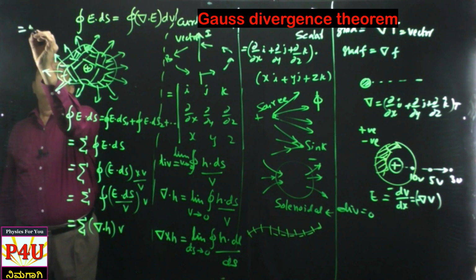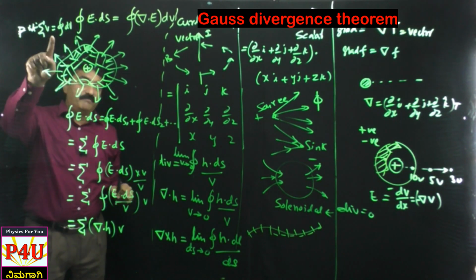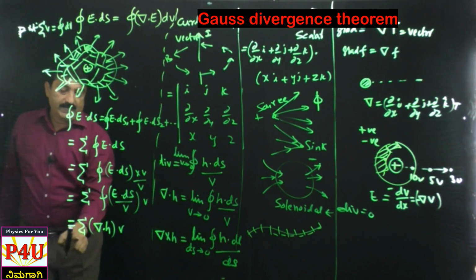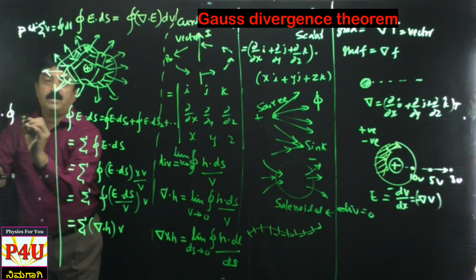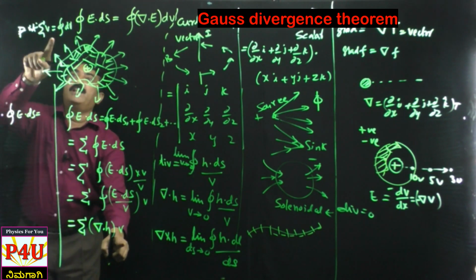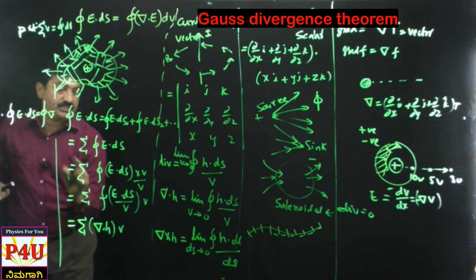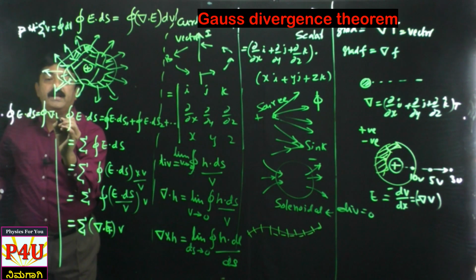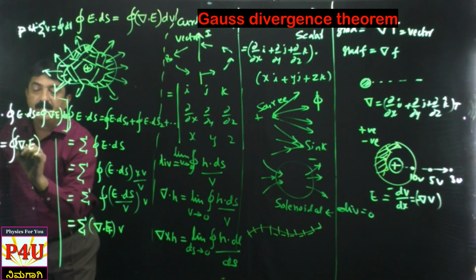Putting sigma V equal to integral of dV, the surface integral of E dot ds is equal to integral of del dot E into dV. I write this once again: that is equal to the integral of del dot E into dV.